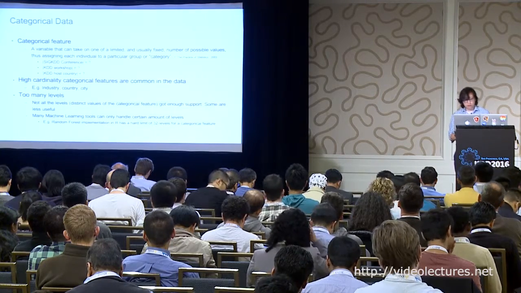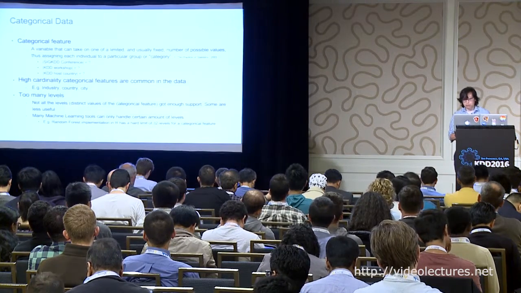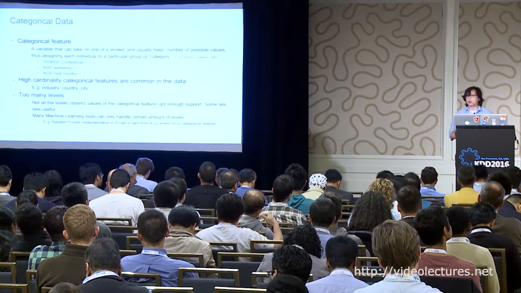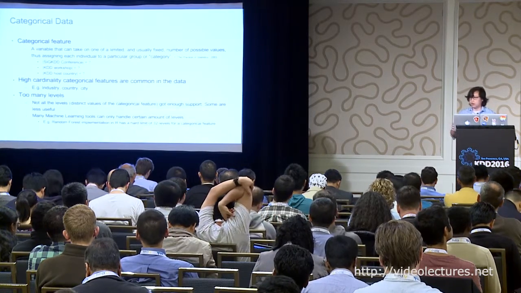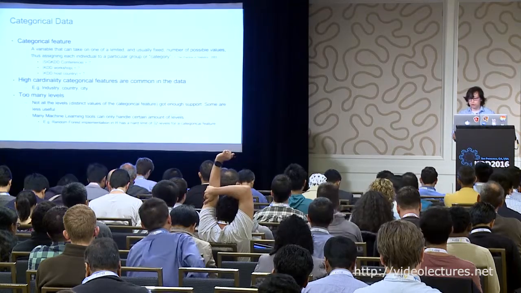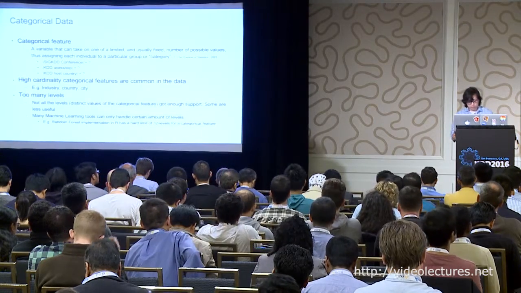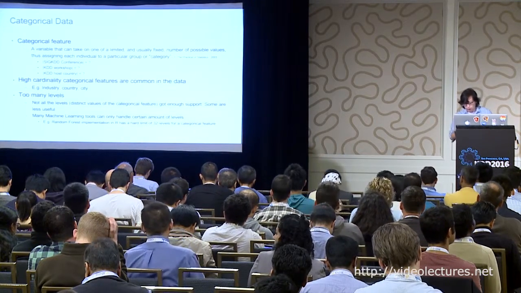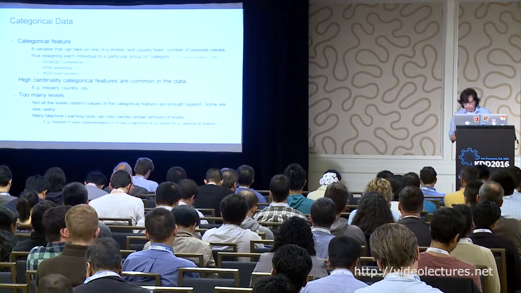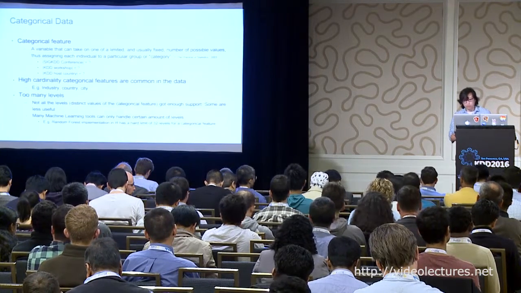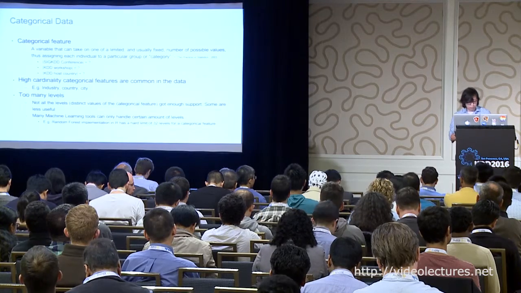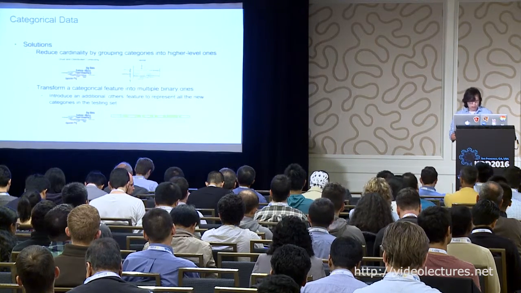Many data mining software packages might not be able to handle high cardinality features very well. For example, R cannot handle categorical values over a certain number of levels.